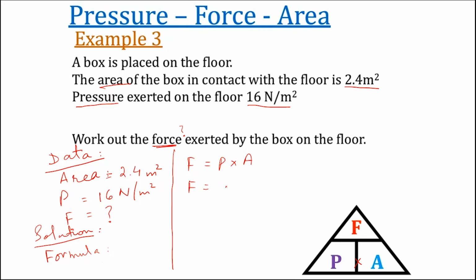The value for pressure is 16 newton per square meter multiplied by the area, and area is 2.4 meter square. Let's multiply it, and the answer is 38.4. We all know the unit for force is newtons.